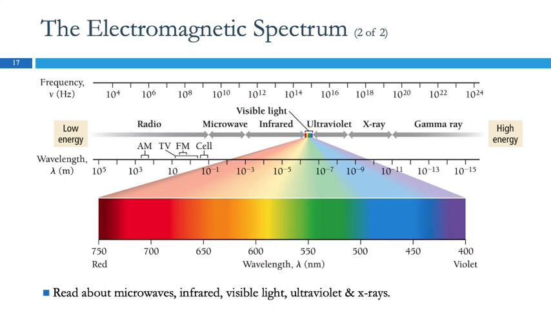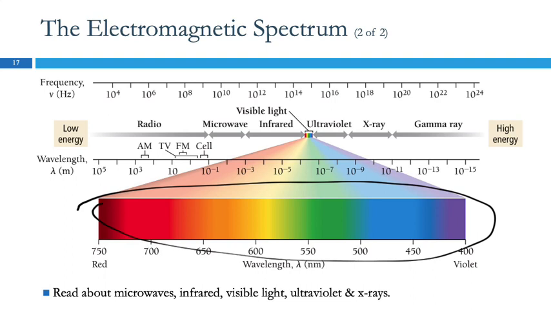Now, what's sometimes confusing about this diagram is we have this big rainbow down here, and sometimes students try to line this up with these other scales here, and that's not correct, because all of this comes from right in there.